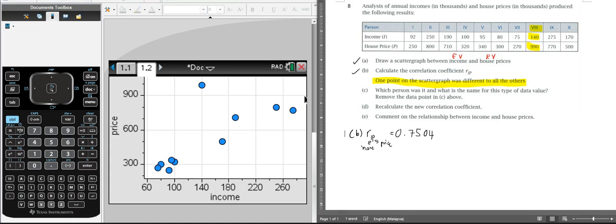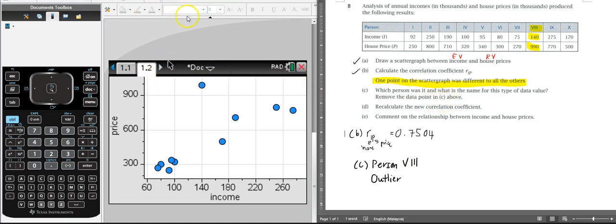So I give you the answer. Answer for C, which person? So I will write person V123. And what's the name for this type of data value? This is called an outlier.